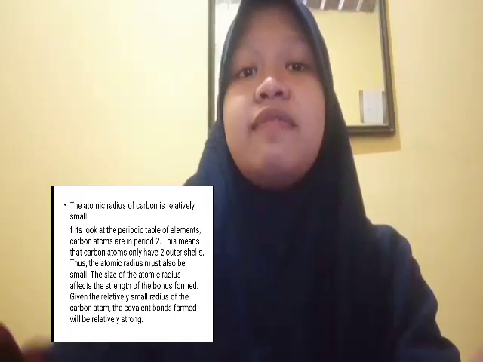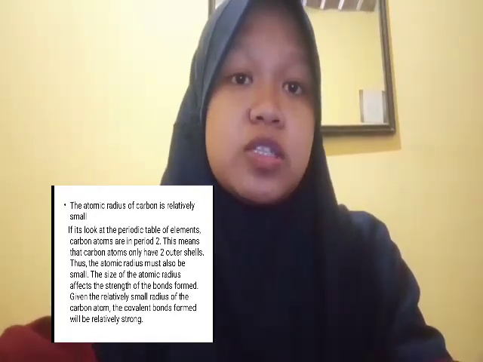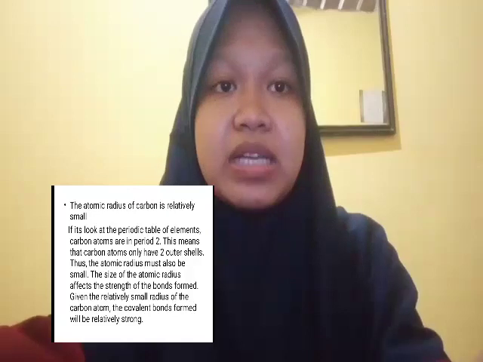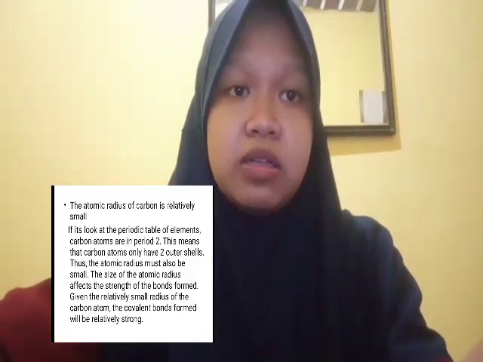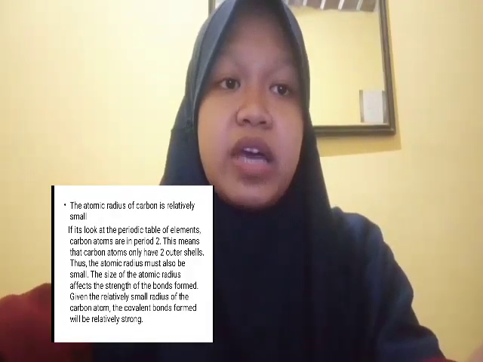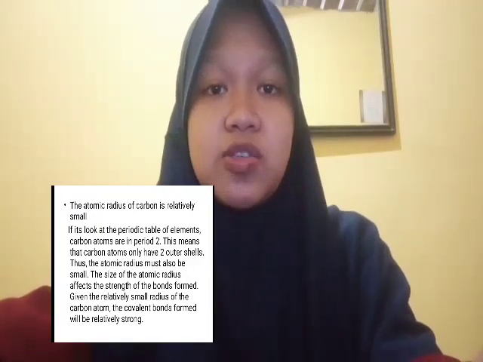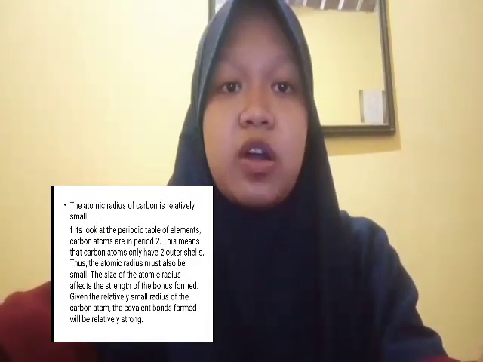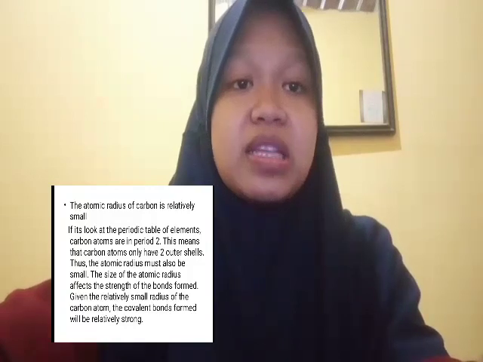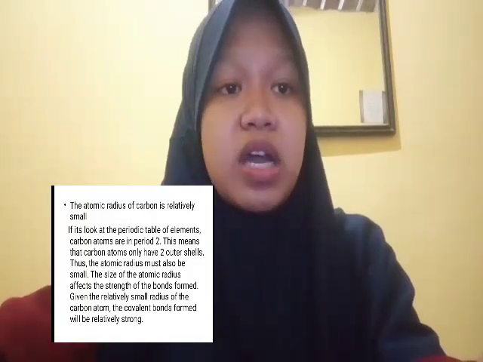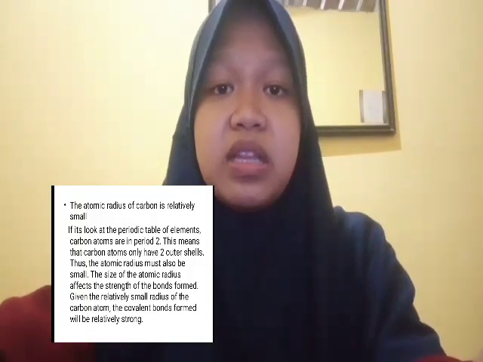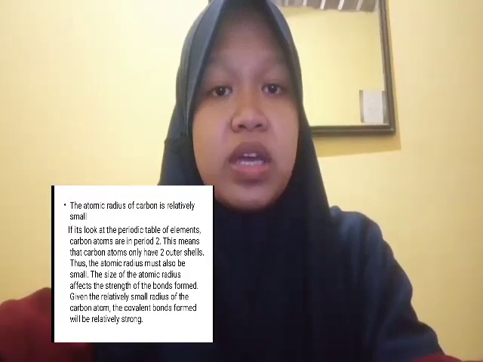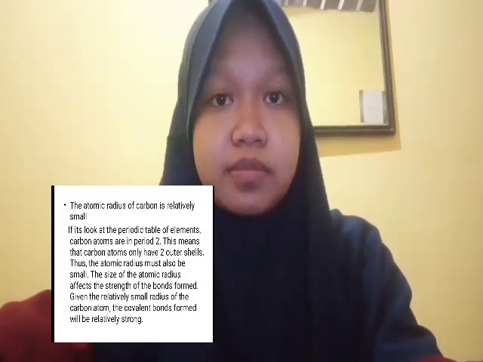This means the carbon atoms only have 2 outer shells, thus the atomic radius must also be small. The size of the atomic radius affects the length of the bonds formed. Given the relatively small radius of the carbon atom, the covalent bonds formed will be relatively strong.